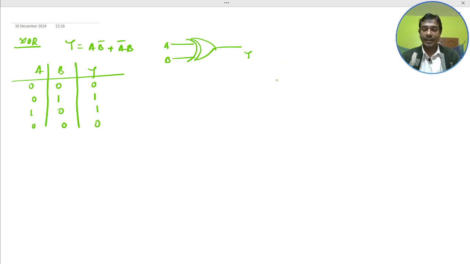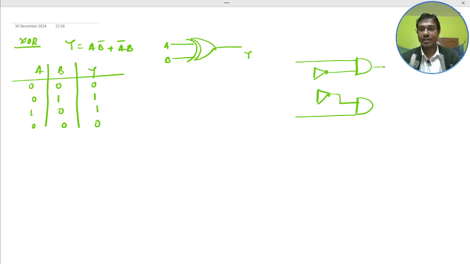And the exclusive-OR circuit diagram: this is an AND, and another one is an AND, with one signal and another signal, and this is the NOT, and here also the NOT. These are connected into an OR gate.